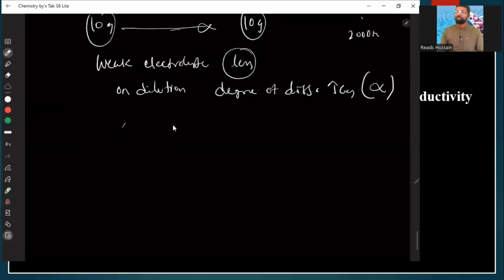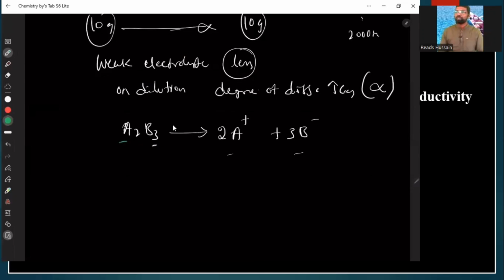If this salt A2B3 undergoes dissociation, we will get A plus and B minus, cation and anion. A2B3 gives 2 moles of A, 3 moles of B. What is the valency of A?